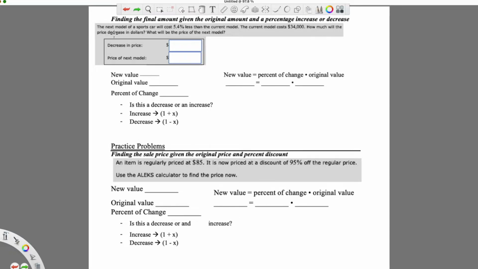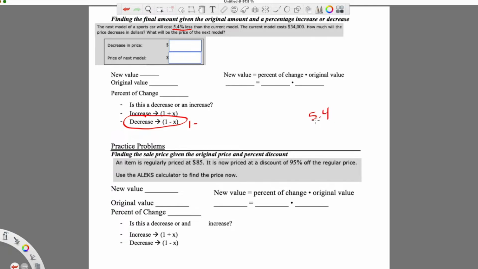So the next model of a sports car will cost 5.4% less than the current model. Well, if it's 5.4% less, I already know I'm going to go with a decrease. It's going to go down, and it's going to go down by 5.4%. So I'm going to say it's 1 minus, don't put 5.4 in your equation.